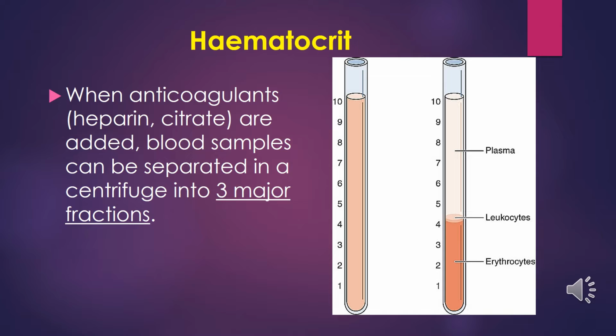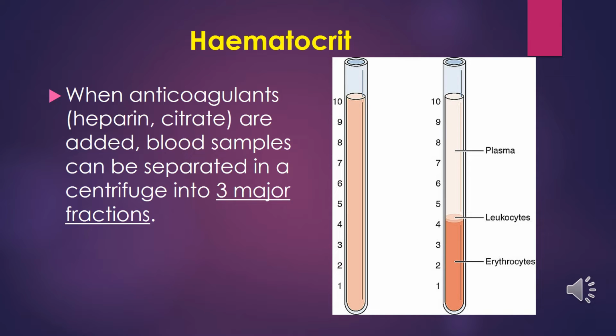This picture represents hematocrit. Hematocrit is formed after sedimentation and segregation, and after segregation it shows three main fractions: plasma, leukocytes, and erythrocytes, visible in this picture. The hematocrit represents the proportion: how many percent plasma and how many percent formed elements are in blood.